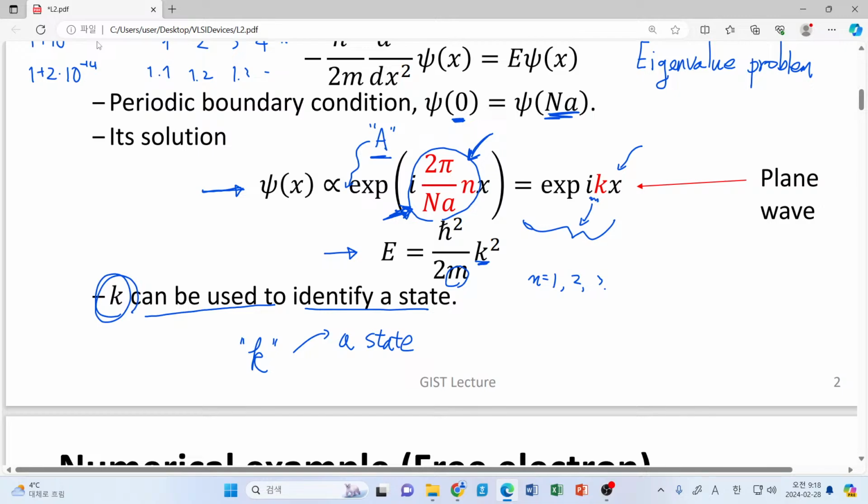Of course this is a 1D problem, and if we go to the 3-dimensional case, K should be regarded as a combination of Kx, Ky and Kz, and if you know this triplet of floating numbers, then you can identify that there is a certain electronic state. Okay, so that is possible.